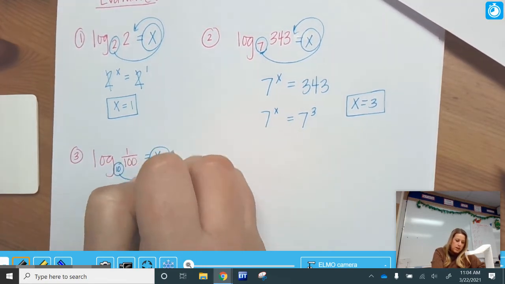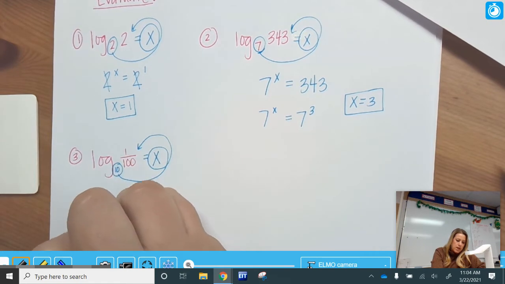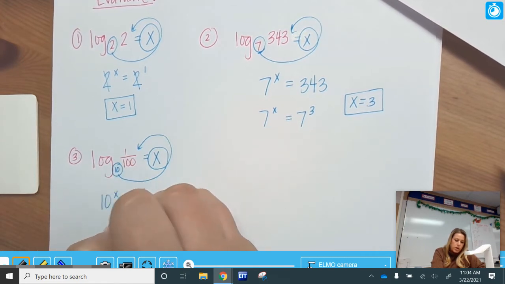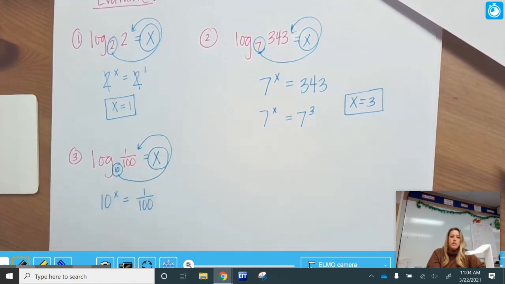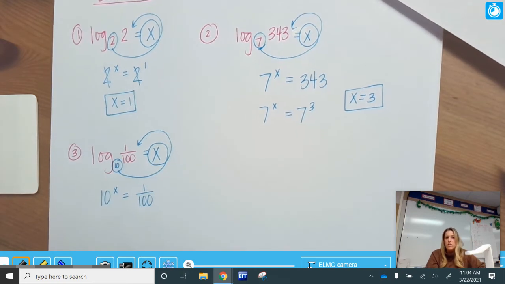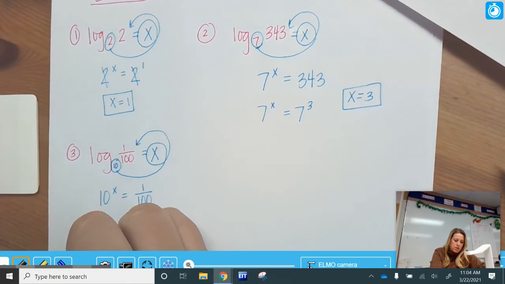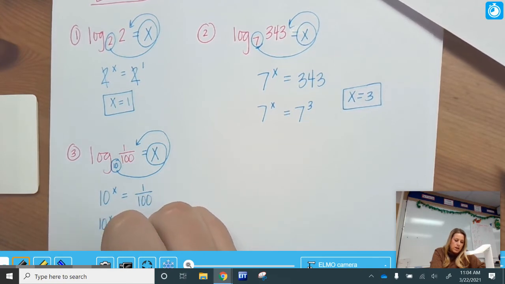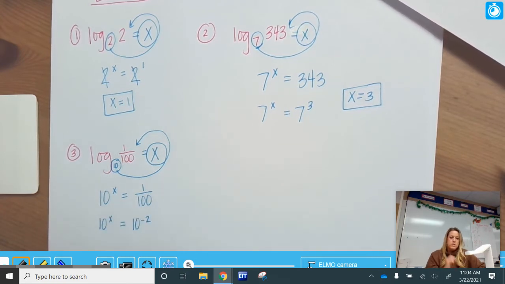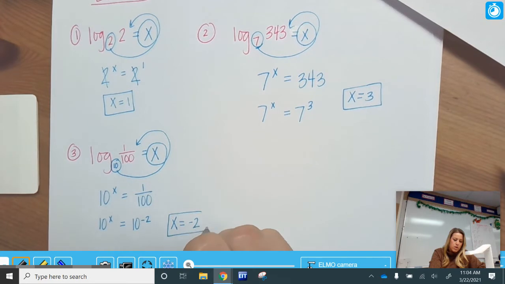So 10 to the x power equals 1 over 100. This is a fraction, and I know you guys are all going to remember that if it's a fraction, it is raised to the negative power. So it's 10 to the negative 2 power, which means that our x equals negative 2 in order for those two to be equal.